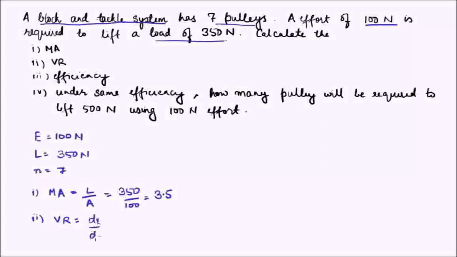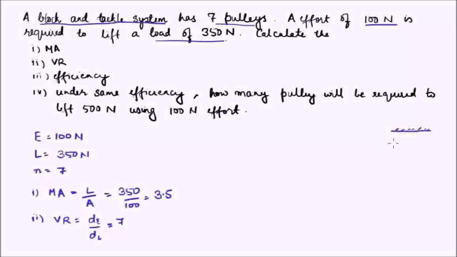Now velocity ratio is the ratio of the distance moved by the effort to the distance moved by load, dE upon dL. And we read in the theory that the velocity ratio for the block and tackle system is equal to the number of pulleys in the system. So if you remember that idea, then we can directly write that the velocity ratio is 7.